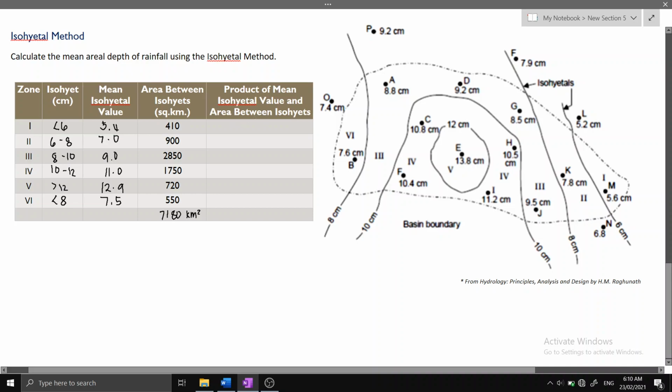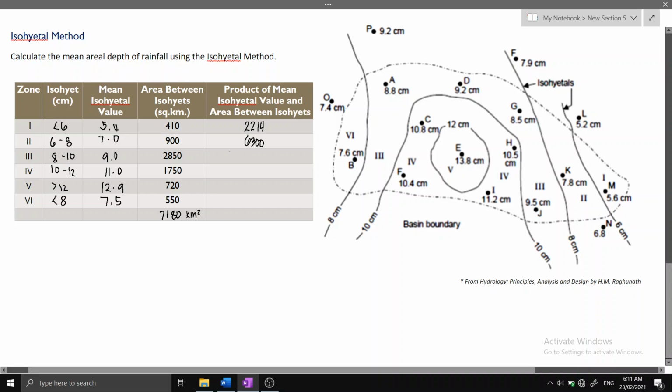So the next step is to get the product of the mean isohyetal value and the area between the isohyets. So 5.4 times 410, this is 2,214.